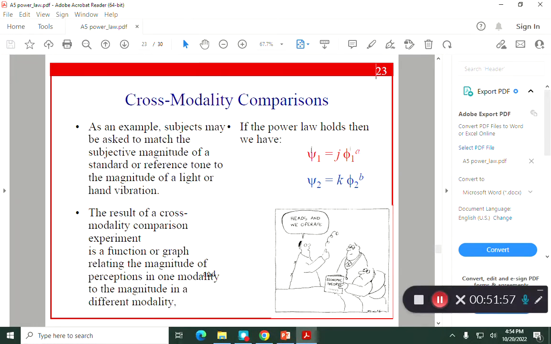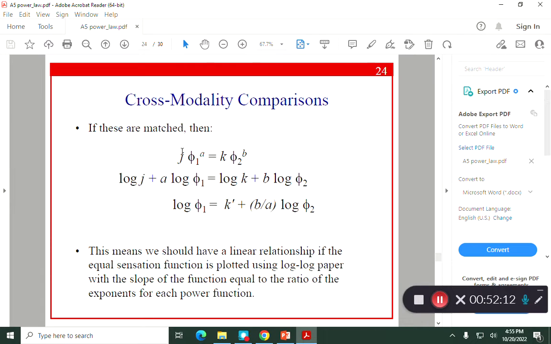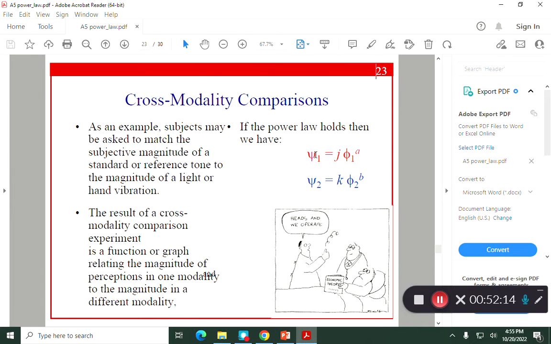So suppose I have two psychophysics, Psych 1 and Psych 2, based on Physics 1 and Physics 2. They each have their own constants J and K, and power parameters A and B, okay? And of course, if I say that this much equals the acceleration of this much, then Psych 1 is equivalent to Psych 2 in this way.